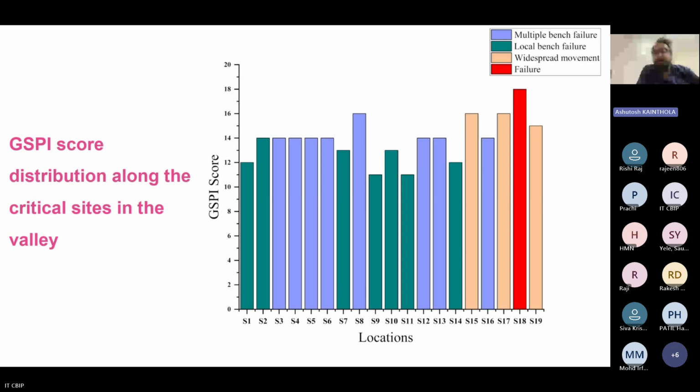For light brown color, you have widespread movement. That means these locations or in the vicinity, you also had some colluvium, some debris, which showed signatures of failures, and location S18 did show failure. Next, please.